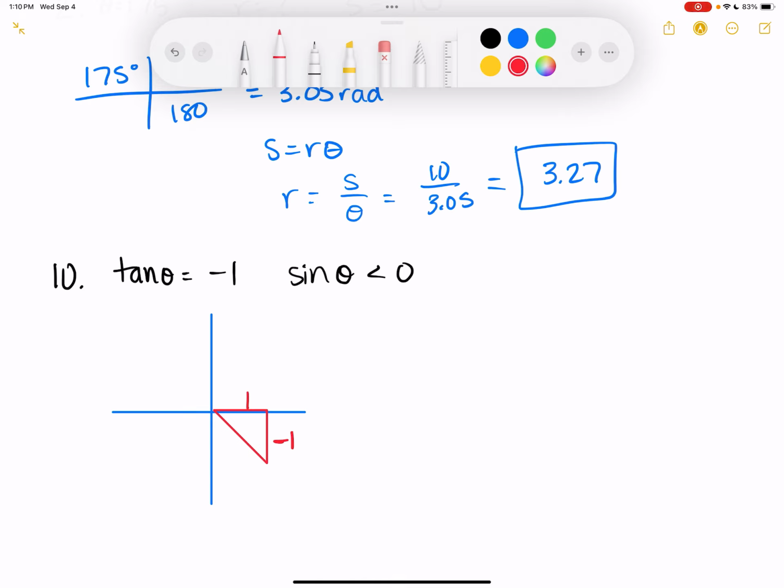If this side is 1 and this side is 1, what's this side? Root 2. It's a special type. What is that special type? 45, 45, 90.